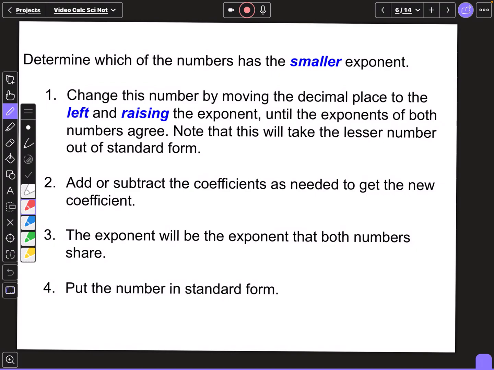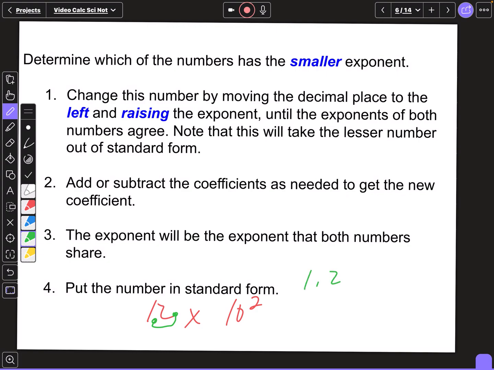And what that means is sometimes when you do this, you might get an answer like 12 times 10 to the second or something. That's not in standard scientific notation form because 12 is not between 1 and 10. To change that into correct scientific notation, I would put my decimal here, at the end of the 12, move it over one place, and it becomes 1.2.